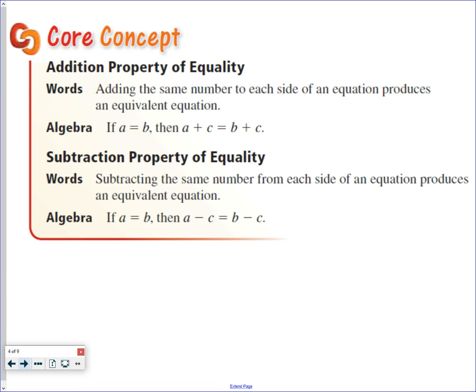Okay, addition property of equality. That's just saying if two things equal, if you add something to both sides of the equation, that equation is still going to equal or balance.